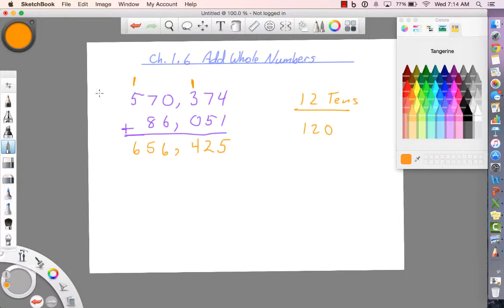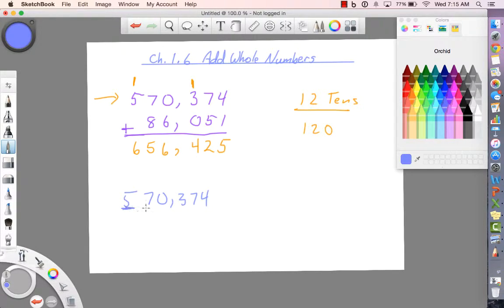And so we would take our first number and we would round it to just this first place. So this is rounding it to the 100,000s place. We start with this number, and we're going to round it to the 100,000s place.